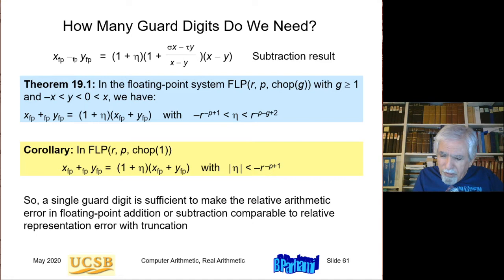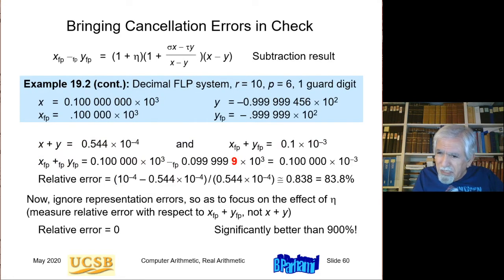Okay, remember we said there are two sources of error. In the previous example, the arithmetic error was actually 0, for these specific numbers. But the representation error caused pretty significant errors.